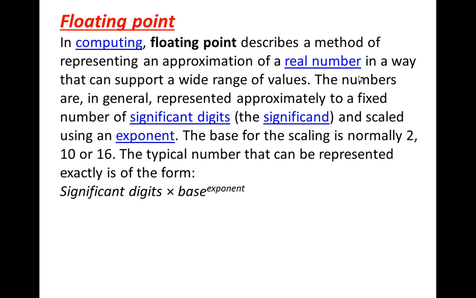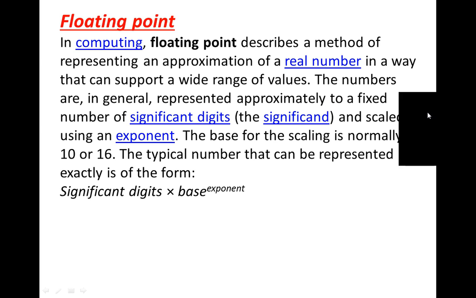Next it says the typical number that can be represented exactly is in the form of significant bits or significant digits times base to the power of exponent. So this is the main form of floating point, meaning how we can represent the floating point.